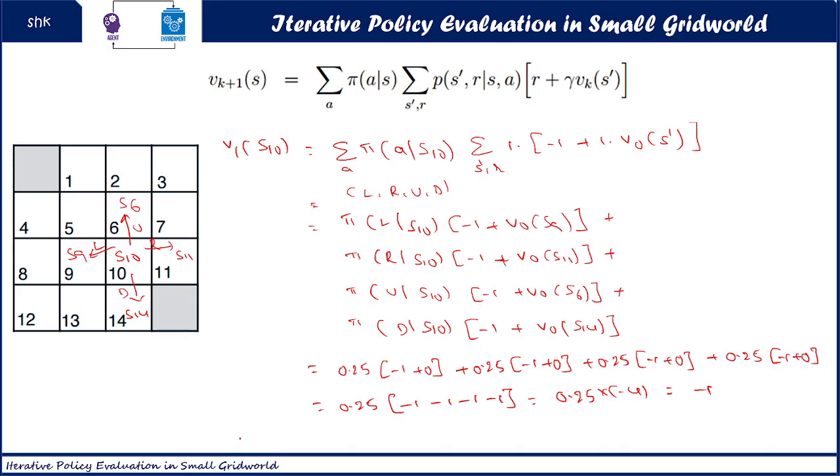So the updated value function V1 of all the states, that is V1 of S, we can write as: for S0 state 0, for S1 minus 1, S2 minus 1, S3 minus 1, S4 minus 1, S5 minus 1, S6 minus 1, S7 minus 1, S8 minus 1, S9 minus 1, S10 updated to minus 1. The remaining states are not evaluated, I am just taking them as zeros.